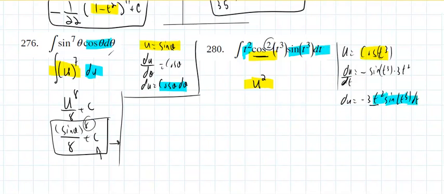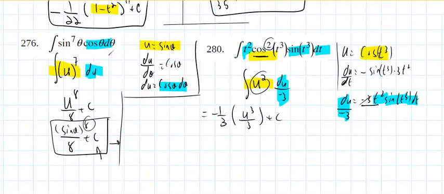I'm off by a constant, that's a simple fix. I can be off by a constant, not a variable. So I'm going to replace all of that mess by du over -3. That is negative 1/3, add 1 to the power, divide by that.